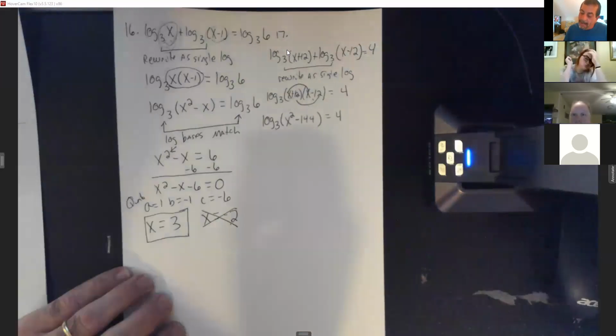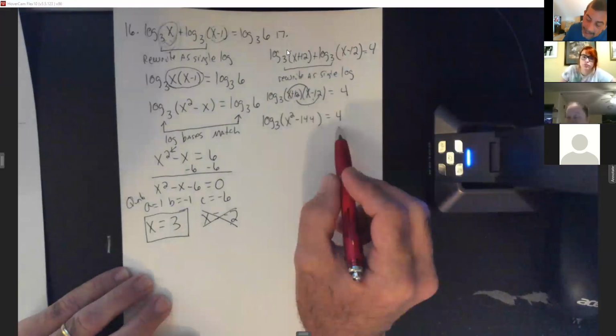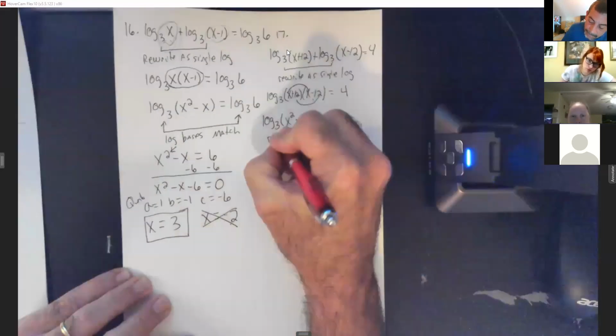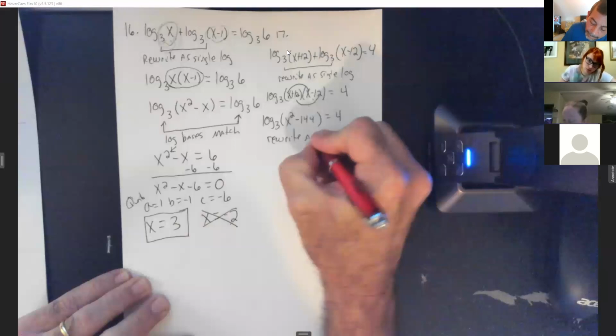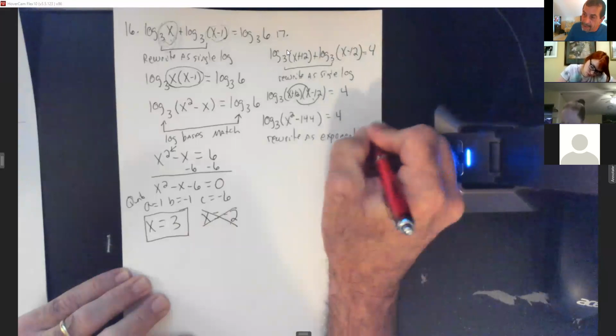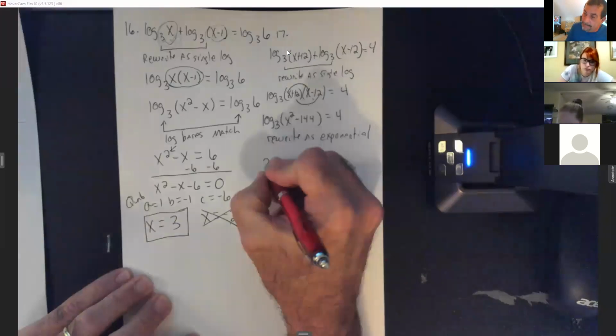All righty, now I've got a single log equal to my number. I'm going to rewrite as exponential. So my base is the 3. My exponent is the 4.